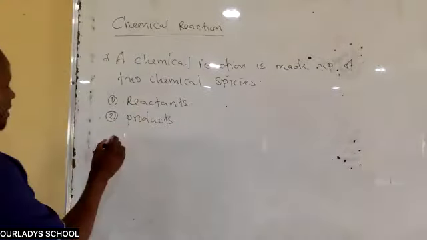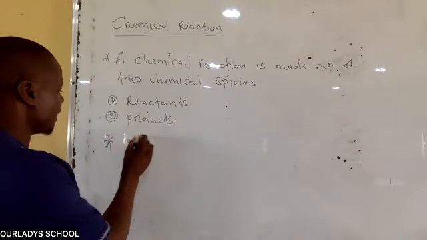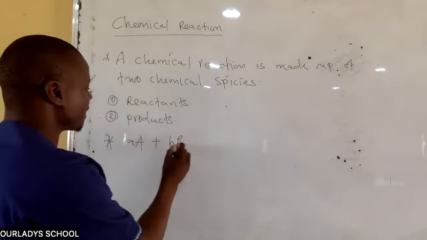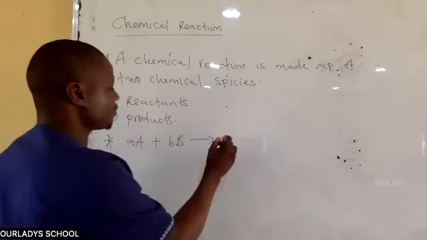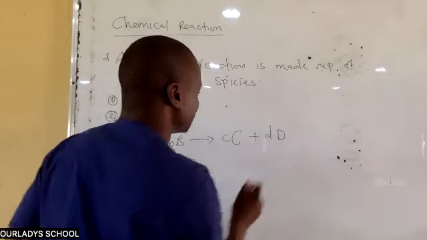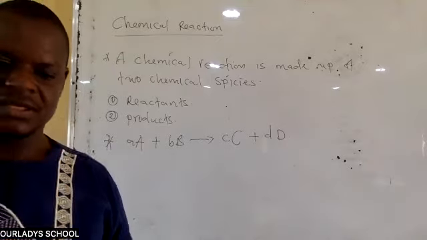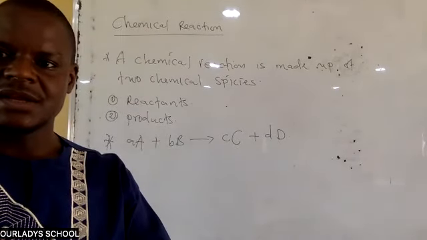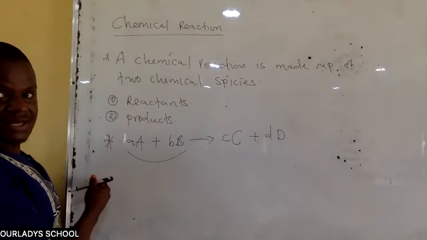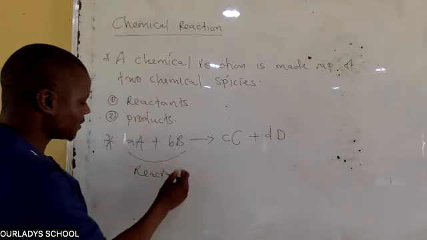So let me just give you a general reaction where we are saying reactant A reacts with reactant B to produce product C as well as product D. So in this general equation, we have two things. Which ones are they? We have the ones that are written on the left-hand side of a chemical reaction, and the ones we are calling reactants.